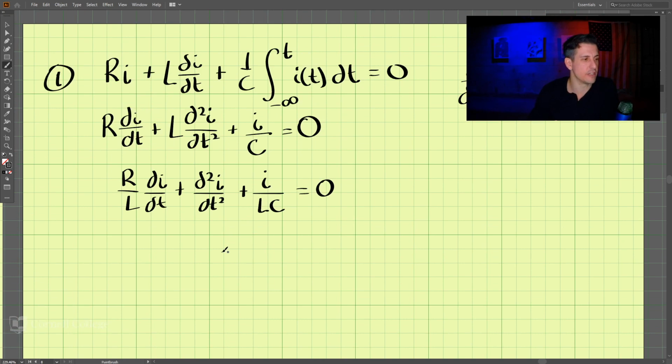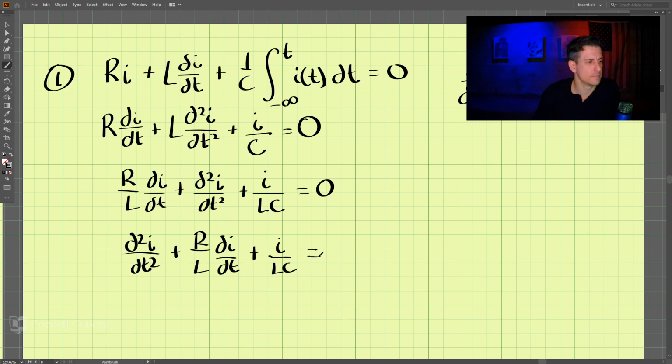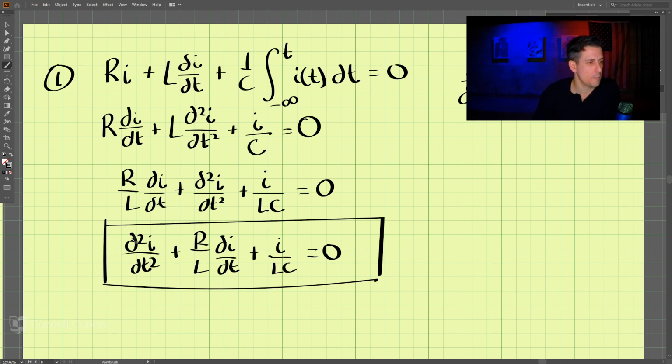Now rearranging this equation, R over L. So this equation here, because it has the second derivative, is what we call a second order equation.